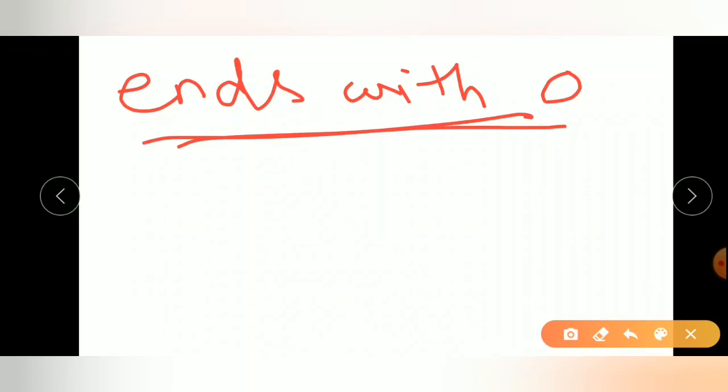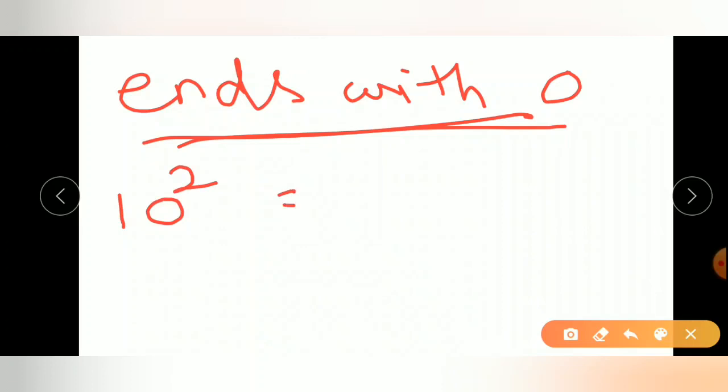Next, one more case. If the number ends with 0, that is, if a number contains 0 as its unit digit, then there is one trick.